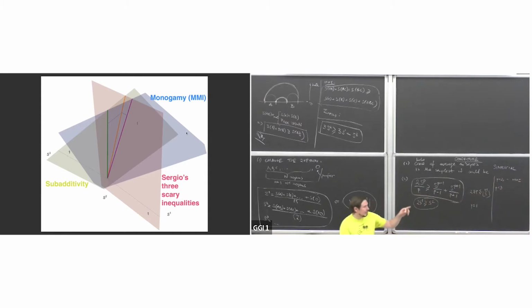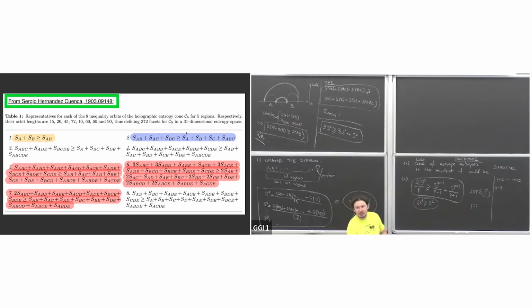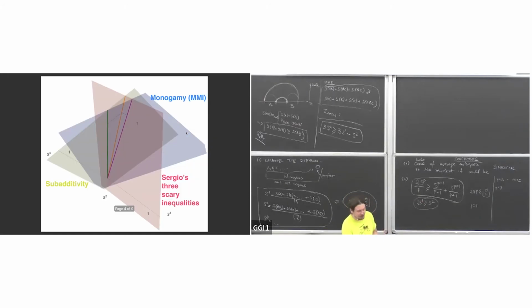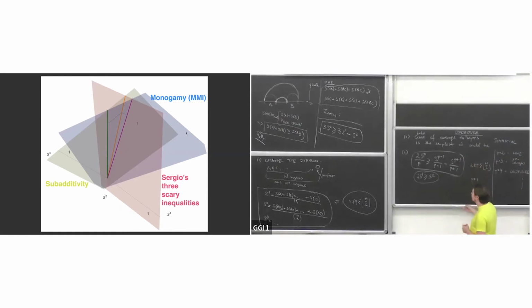These are Sergio's 3 scary looking inequalities. So the symmetrization of the things in red is what becomes the p equals 3 case here. And so I will write here V Sergio. And then p equals 4 is where the realm of the conjecture begins. So this is how I would annotate these inequalities.